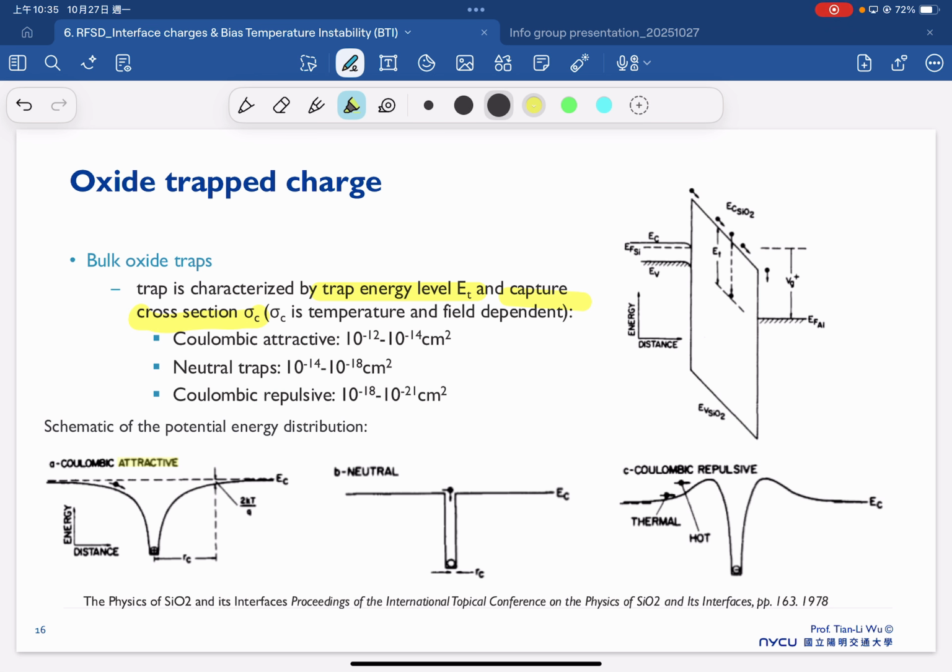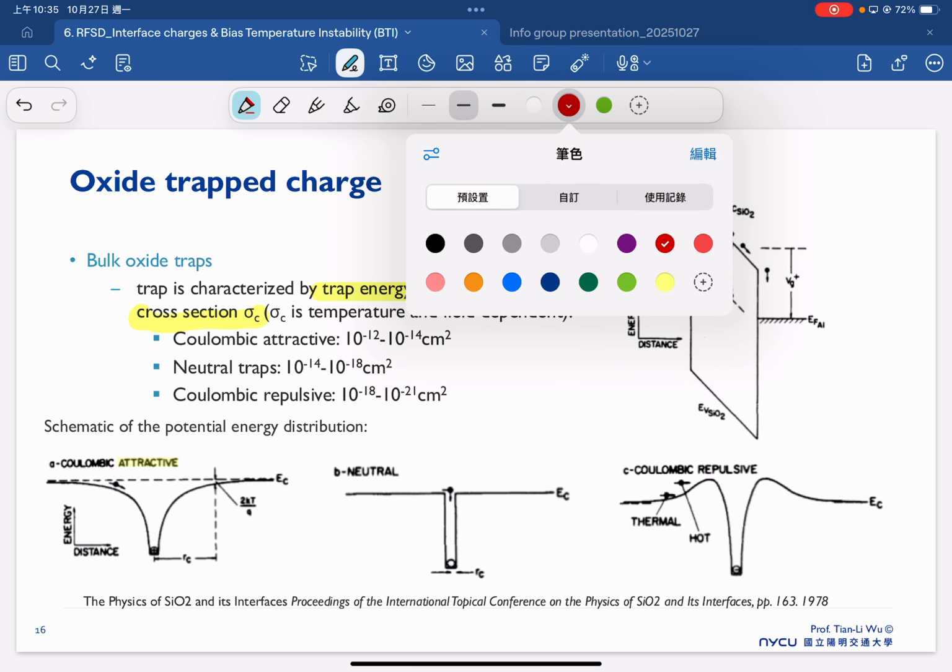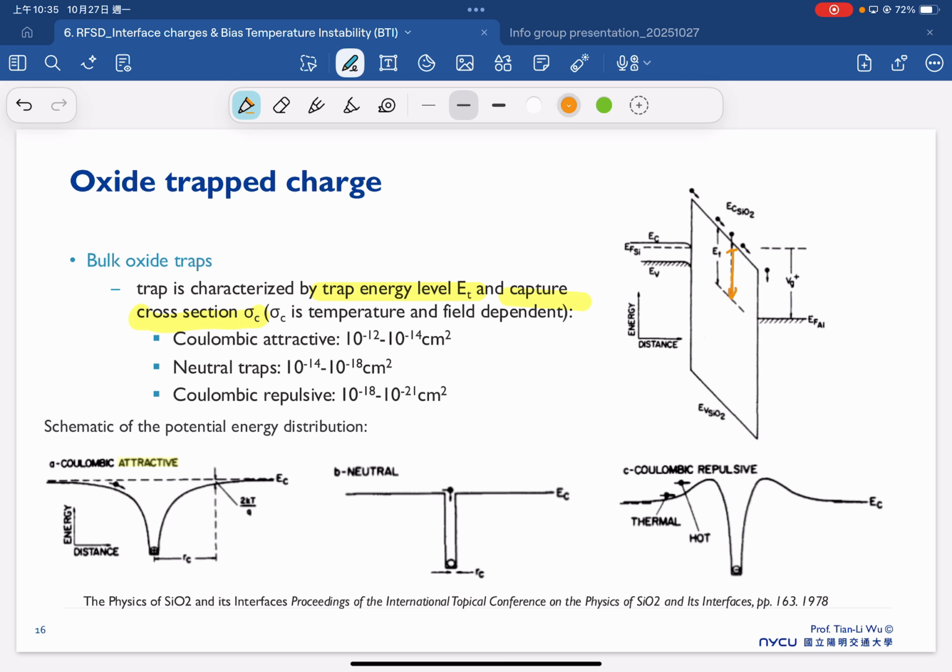When we consider the EP here, it is our trap energy level EP. So we have this energy level to describe this trap. Once you give the positive gate bias here, you have electrons, and then the electrons might start to fall into this region and become trapped here.